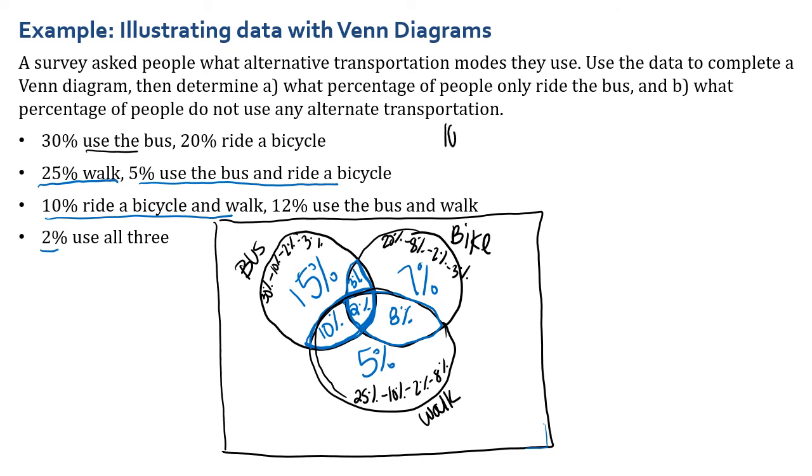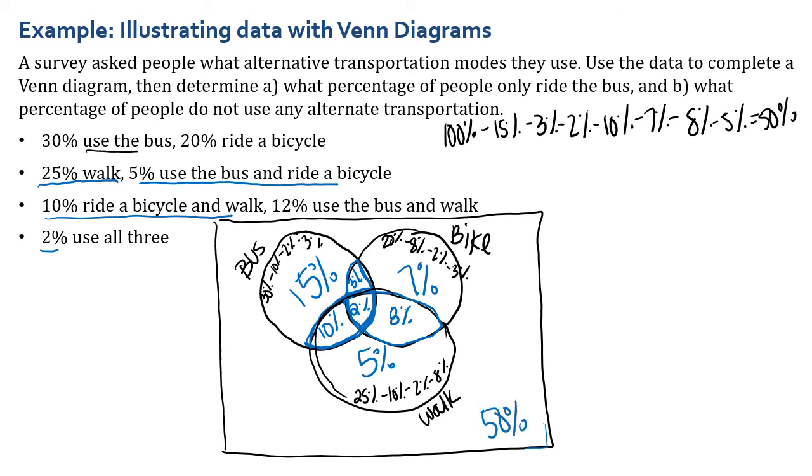So if I take 100% and take away everything we have counted: the 15%, 3%, 2%, 10%, 7%, 8%, and 5%. I just took all these percentages and I'm subtracting them from that 100, and that leaves me with 50%. So that means that 50% of the people surveyed don't use any means of alternative transportation.